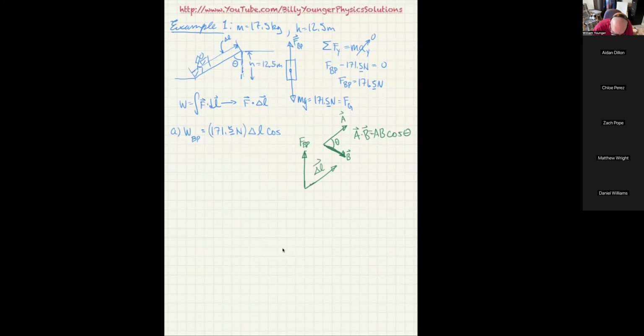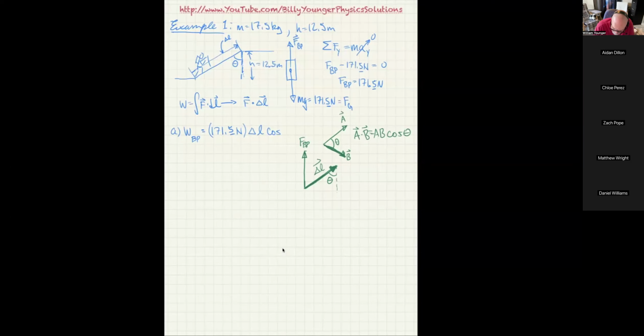Now, if you notice, the angle theta that we had was the angle that the incline, which is this part right here, makes with the vertical. So the angle that the incline makes with the vertical happens to be this angle right here, which if you look back at the diagram, you can realize that that angle is theta.